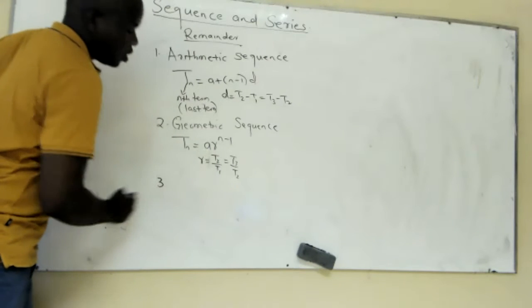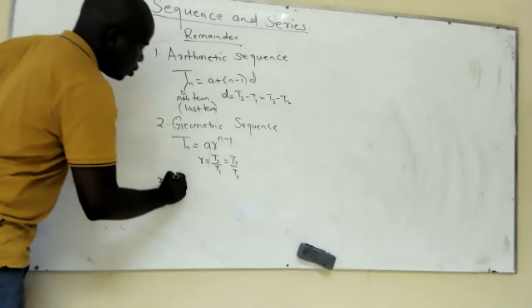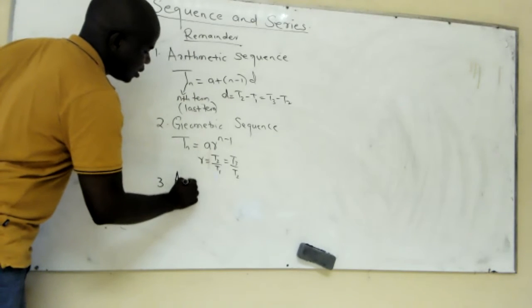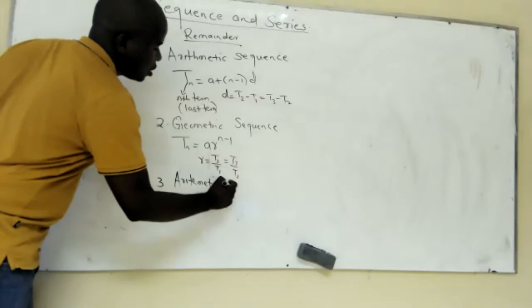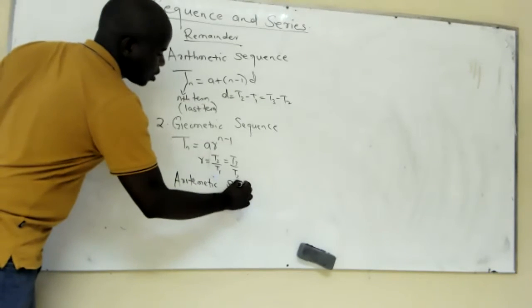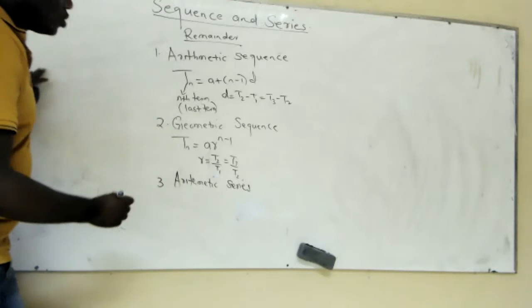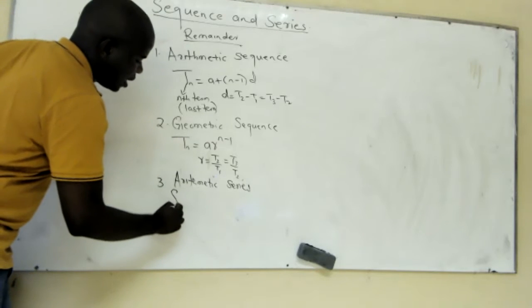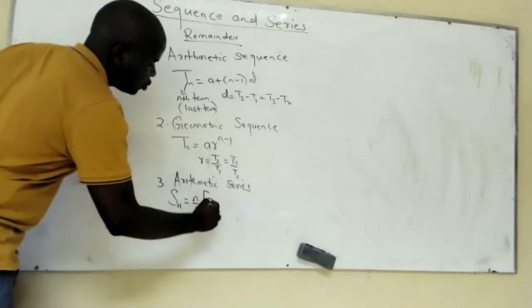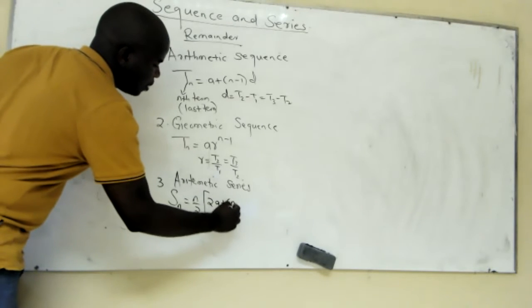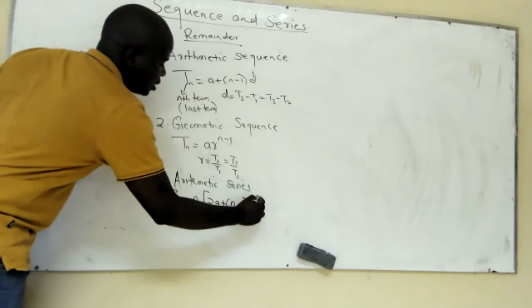Number 3, we have covered what is called arithmetic series. What is arithmetic series? So arithmetic series is given by the formula Sn equal to n over 2 times (2a plus (n minus 1) multiplied by d).